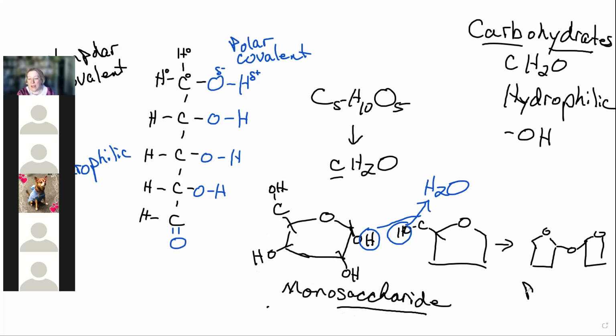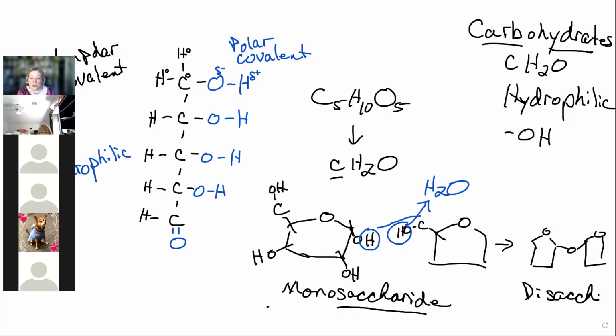This over here would be a disaccharide. If I keep hooking them together until I get a whole long string, that is what we call starches. Starches, if it comes from plants, okay? We have something similar in animals called glycogen. Okay. So those would all fit under the category of carbohydrates.